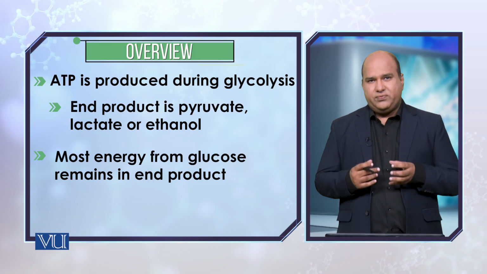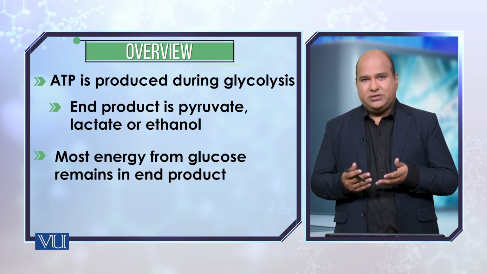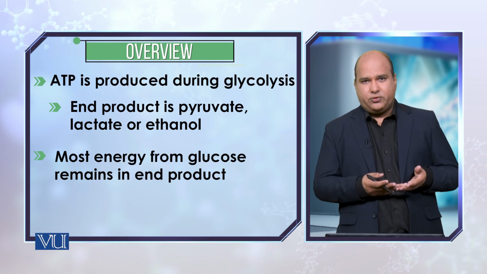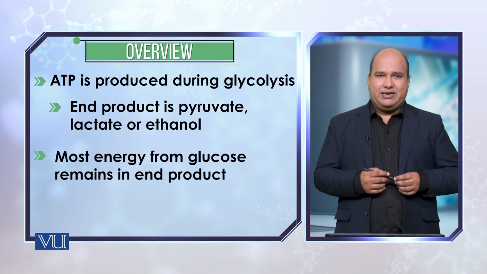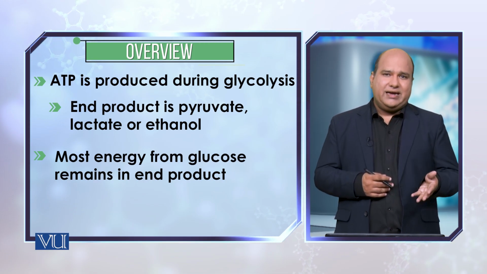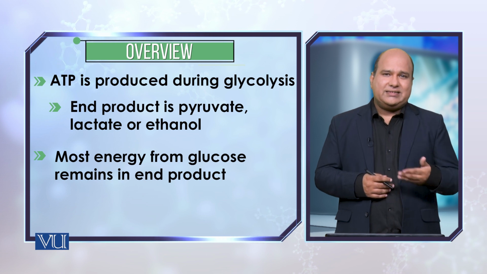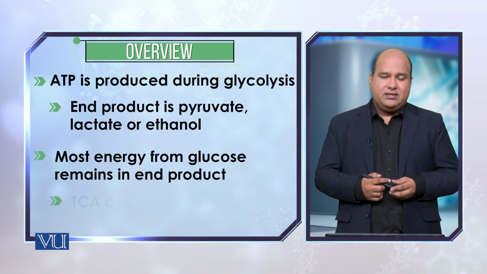Most of the energy present in the glucose, which is the initiating molecule for glycolysis, is not all utilized here, or not all the energy contained in the glucose is given here in the form of ATP.